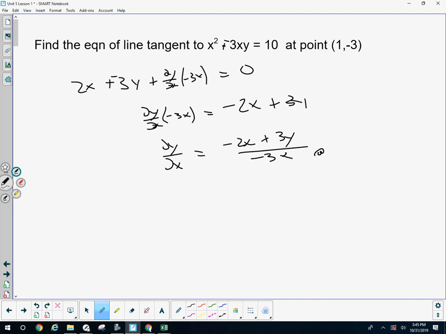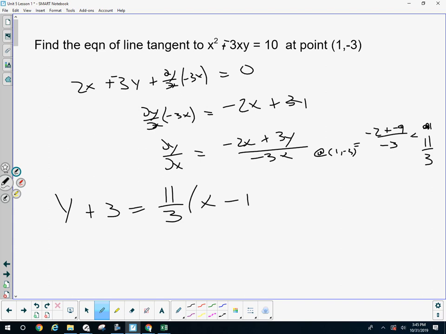I like to put a "at (1, -3)", and I get (-2 plus -9) over -3. It's -11/-3, which is 11 thirds. All right, so I get my equation of my tangent line: y plus 3 equals 11 thirds times (x minus 1). Great.